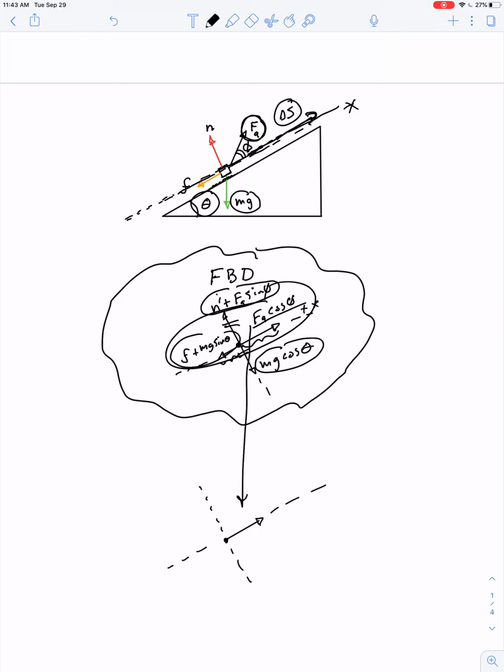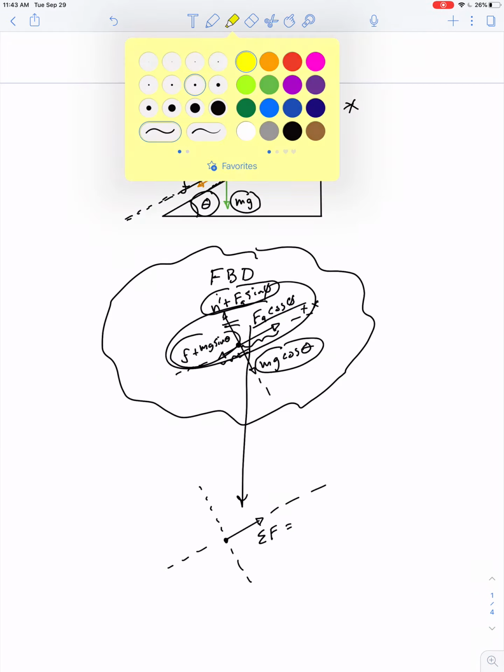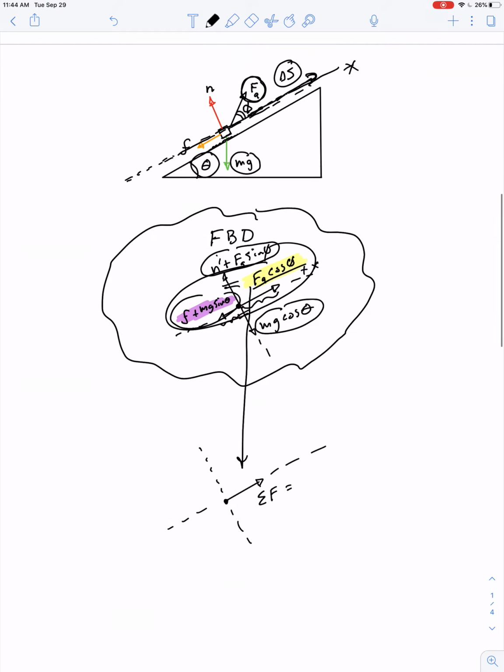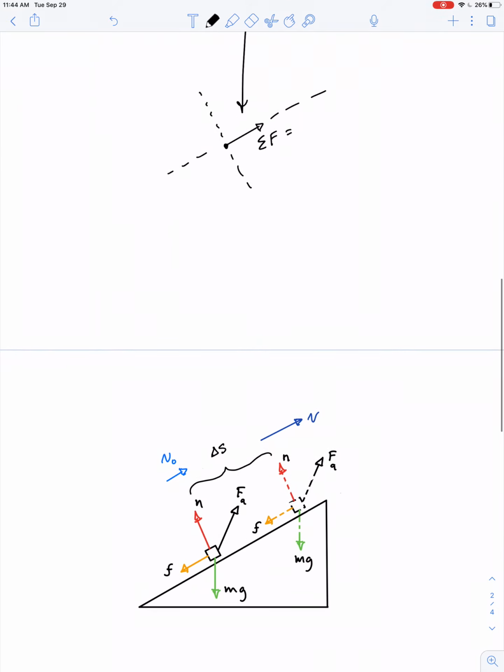So in the end, what we could just say is this represents the net force. Now, the net force is equal to, well, I'll say it, but I won't write it. It's equal to the quantity I just highlighted in yellow minus the quantities I just highlighted in purple. But regardless, that's just some net amount of force. Well, where does that lead us?